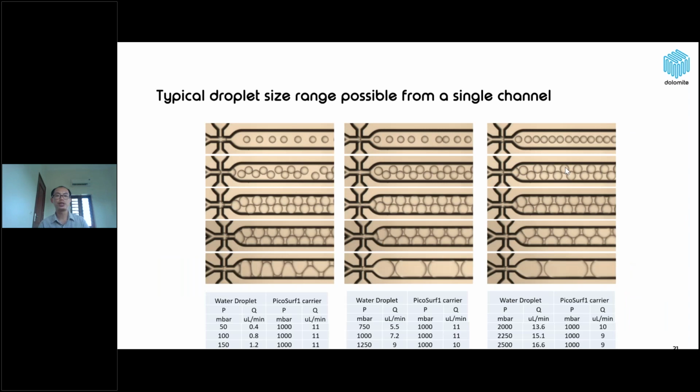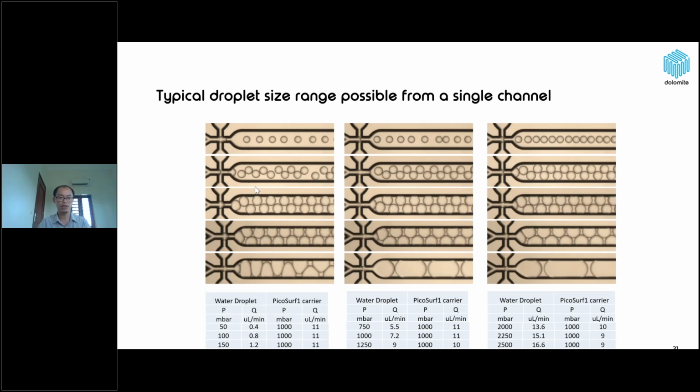Here is one example showing the typical droplet size range possible from a single channel. We pump the droplet phase into the continuous phase in a single channel chip, and we keep the continuous phase pressure constant while increasing the droplet phase pressure.